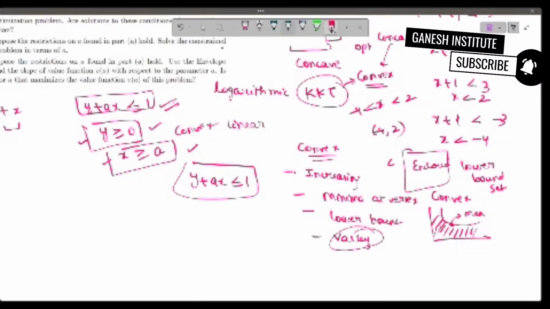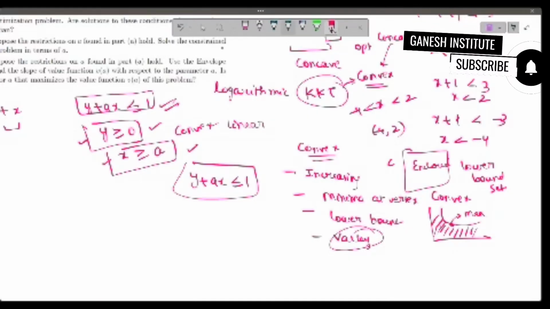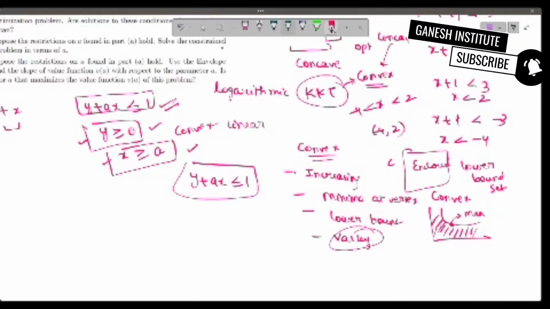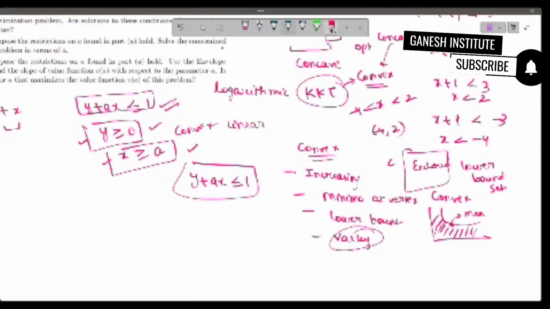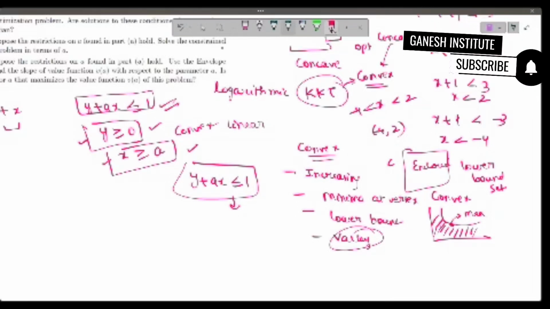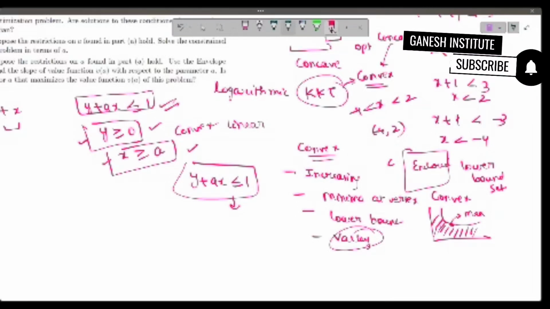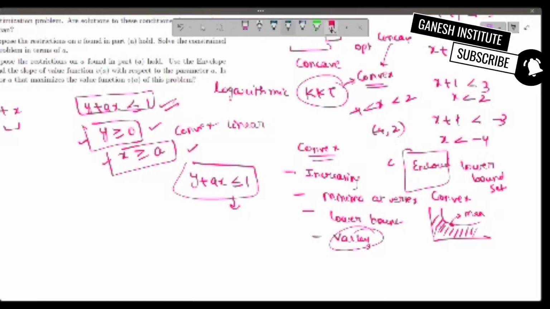Ma'am, will you be teaching KKT separately? I'll tell you the conditions when I tell you the difference between KKT and Lagrangian. So over here in KKT, my objective function is concave and constraints have to be convex.